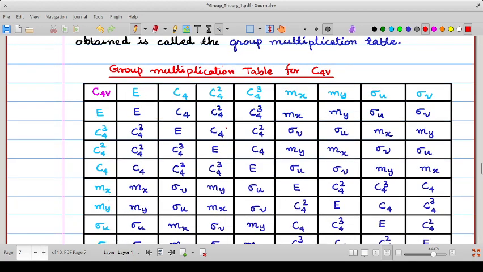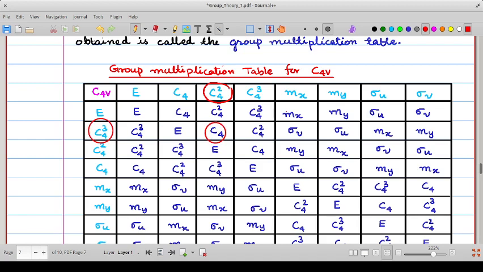Now considering a particular cell in the table, the element of the group placed in that cell is the result of the composition of the element given in the column header followed by the element given by the row header.